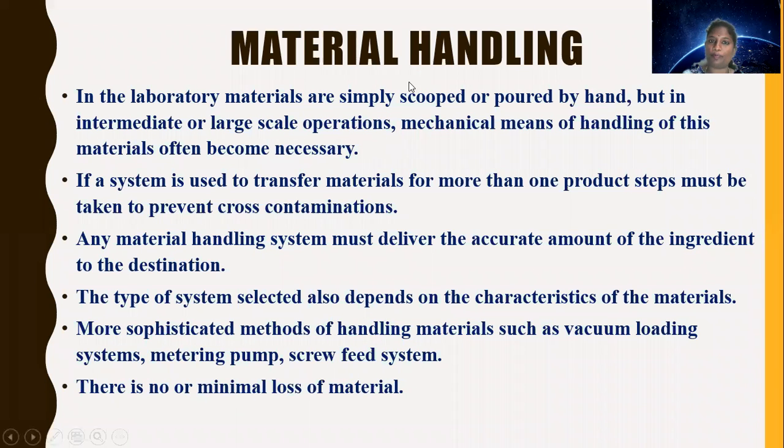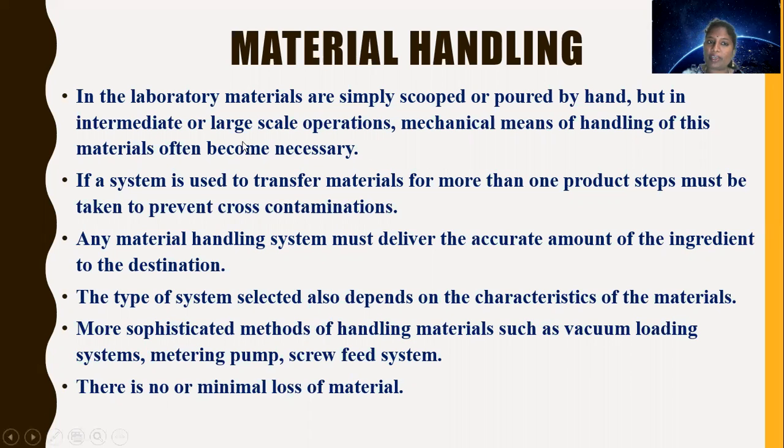For blending you need materials, so how you are transferring the materials from the storage area to the production area is very important. In the laboratory, materials are simply scooped with a spoon or poured by hand.